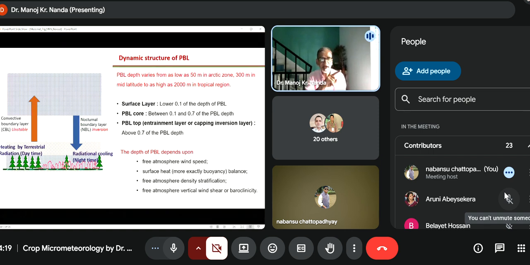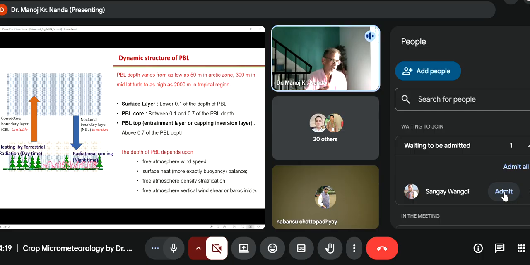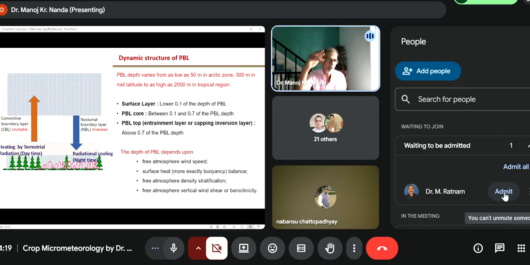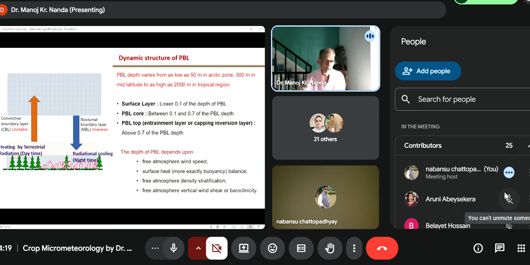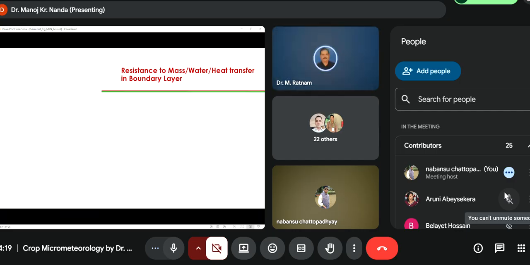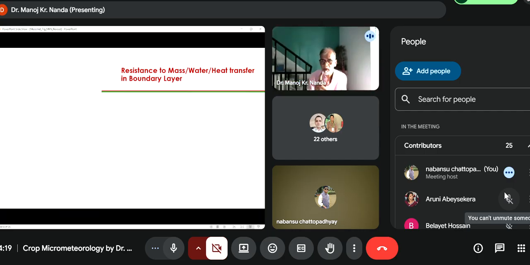A geostrophic wind, a 90-degree change, means that the wind is along the isobar, not across the isobar. At the surface it is across the isobar. At the top of the PBL in the free flow zone, it is along the isobar. So this is how the wind shear is there. Shear means change.